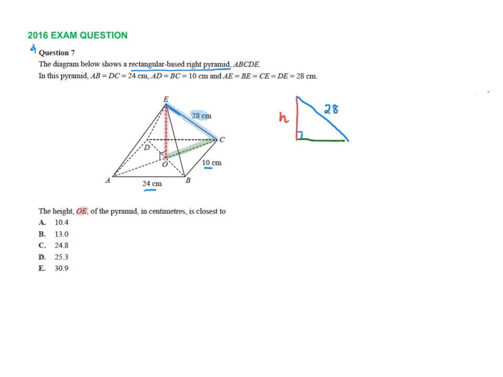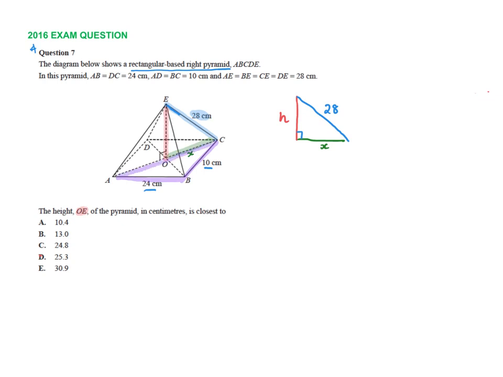Now this is a right angle triangle, but I'm missing this distance here, which I'll call X. So what can I do to find X? Well, I can use the triangle that's flat along the ground, using those two sides there and this full length here.